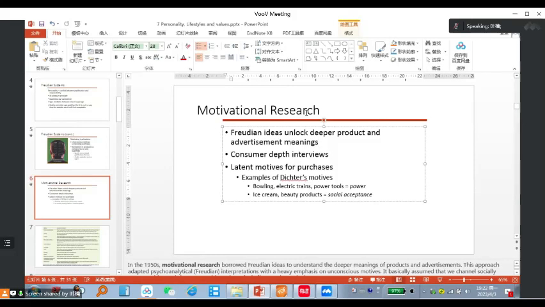The purpose of motivational research is to understand the deep meanings of products and advertisements. It usually takes the form of in-depth interviews, to find the latent motives for purchases.